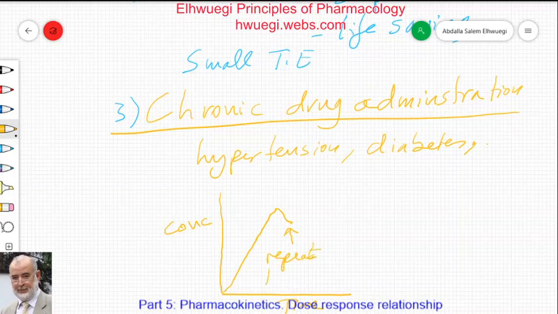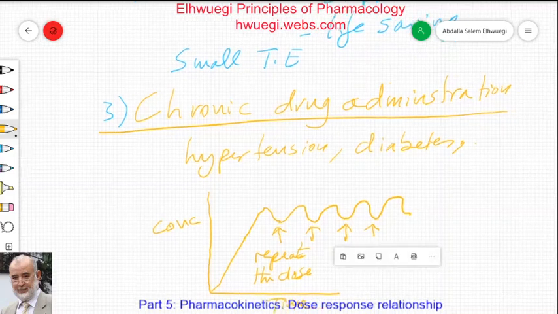I have to take the dose to keep the blood level at the therapeutic concentration. Okay? This is all doses. I have to repeat the dose to keep the blood concentration at the therapeutic level.